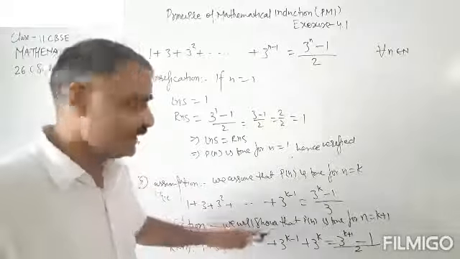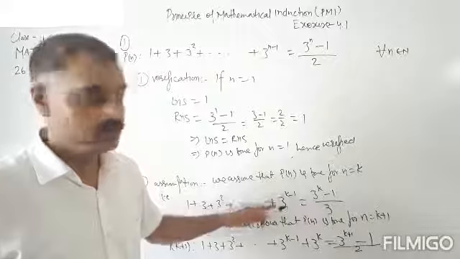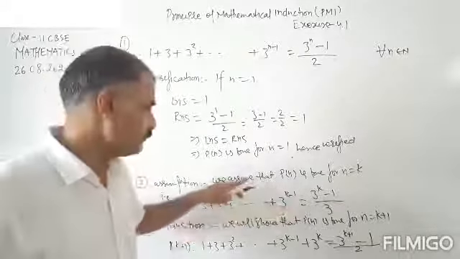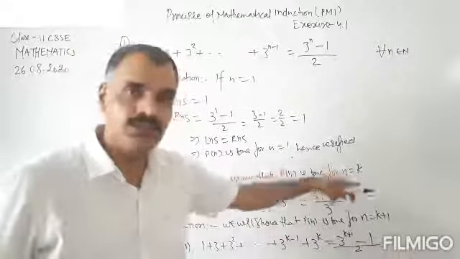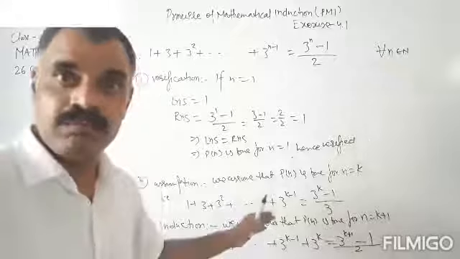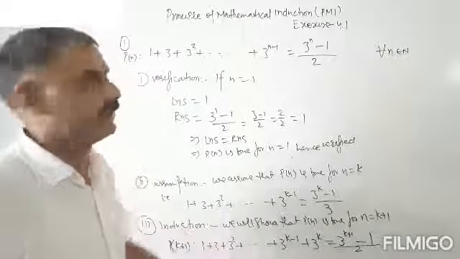To prove this statement, we will use this assumption also, because the assumption is true. We have assumed that Pn is true for n equals k. It means this statement is true, so we will use this statement to prove the induction.